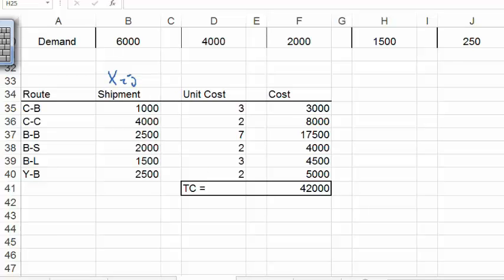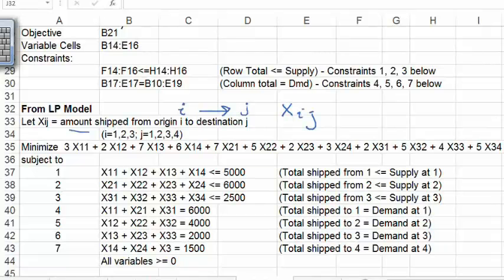So it's the unit cost times the variable plus unit cost times variable and so forth. There are 12 terms because there are three rows and 4 columns. So 3 times 4 is 12 terms. There's a big sum there, and you want to minimize that.